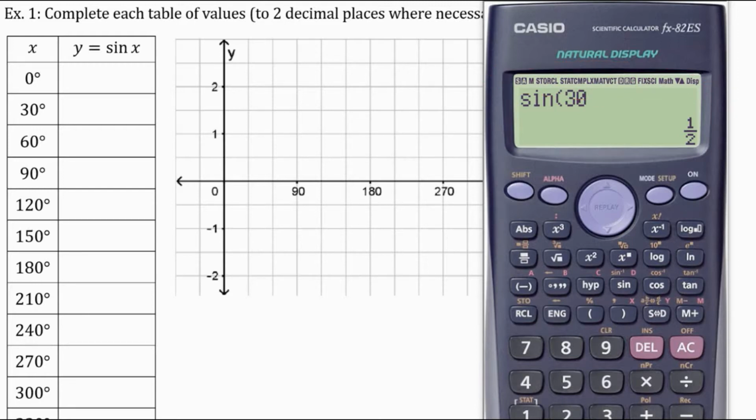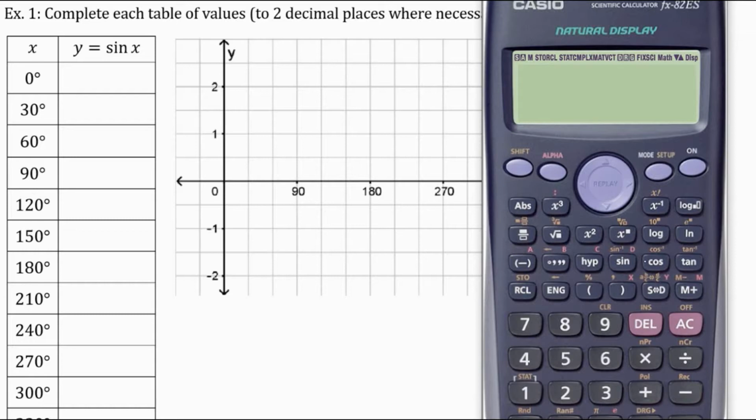But for example, if I wasn't in degrees, so let me see if I can fix that. Okay, so mode, nope, that was wrong, sorry, shift mode for setup, and I'm going to change it into radians. If I'm in the wrong mode and I do sine of 30, I get the wrong answer.